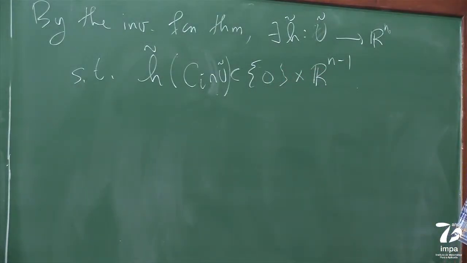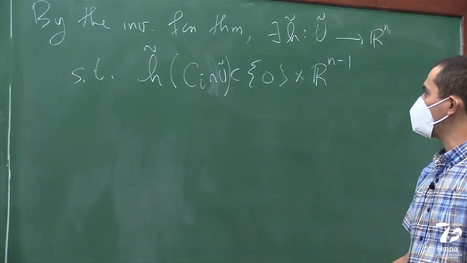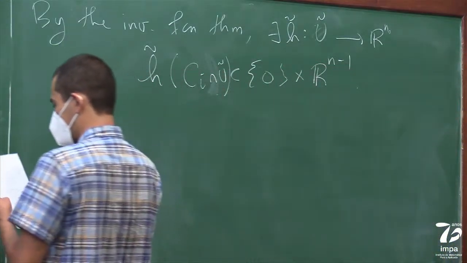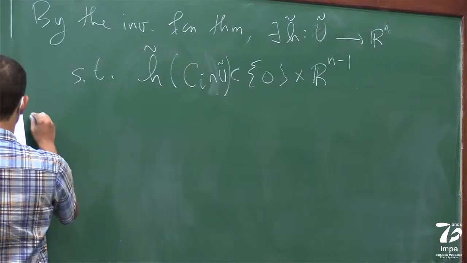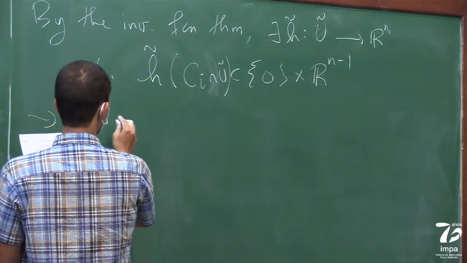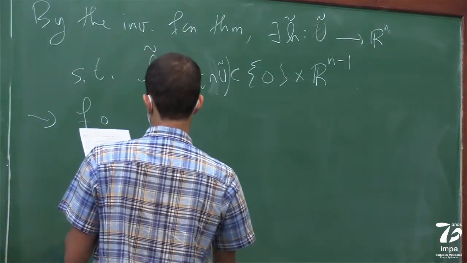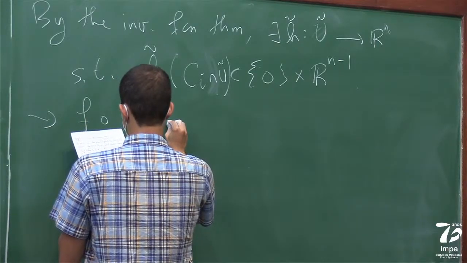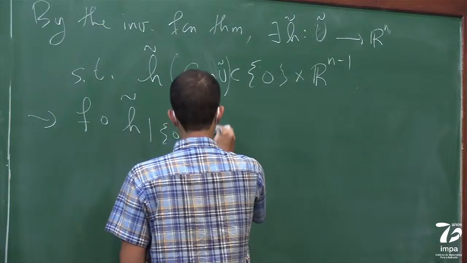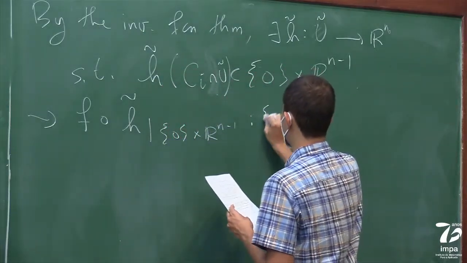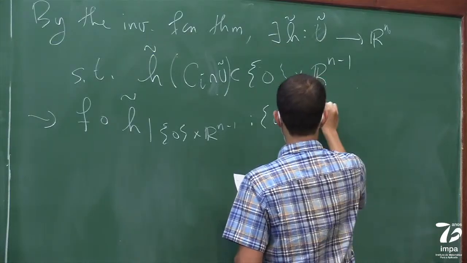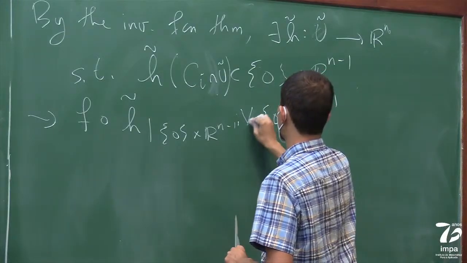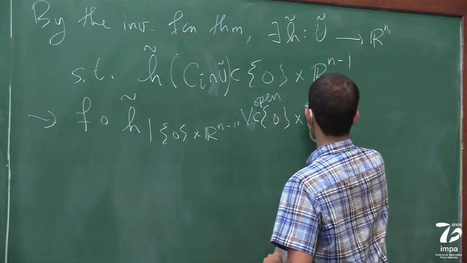Okay, so that's the inverse or the implicit function theorem, whichever one you like better. They're basically the same. So that means that if I do F composed with H inverse restricted to this subspace, this will be a function that goes from some open set in dimension n minus 1 into Rm.